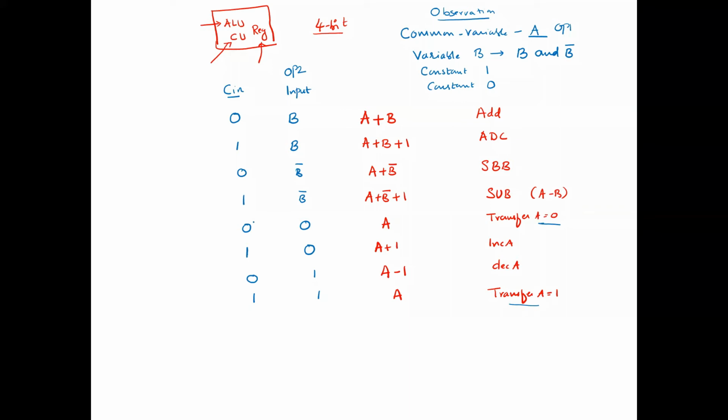That depends upon this control line. If both are 0, we are going to transfer 0. If this is 1, we are going to transfer 1. That is the reason we have written 1, 1 and 0, 0 over here.